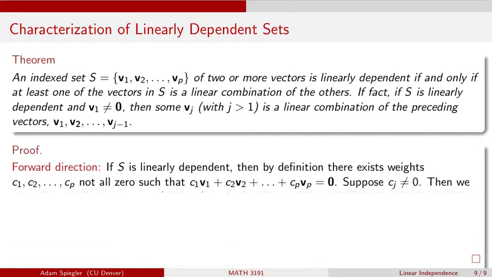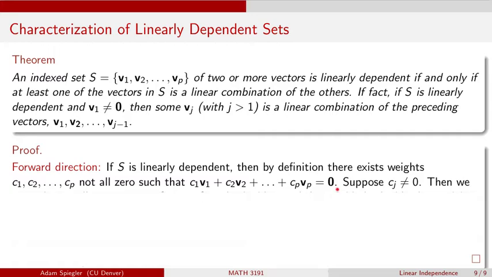So if we have this set S, we assume it's linearly dependent, then what that means by definition is that there exists weights C1, C2, C3, all the way up to Cp, where at least one of these weights is not 0, so that when we take this linear combination of C1 times vector 1 plus C2 times vector 2, all the way up to Cp times Vp, we are able to get the 0 vector. So in other words, we have a non-trivial solution to this vector equation.